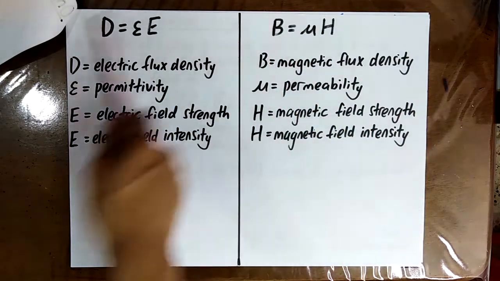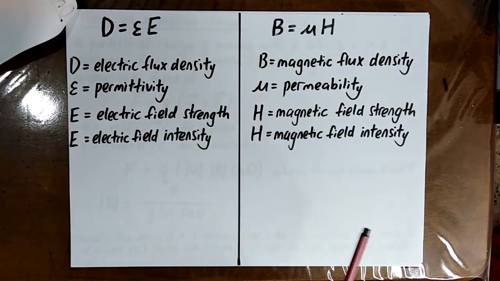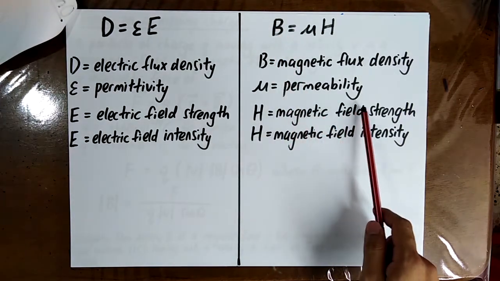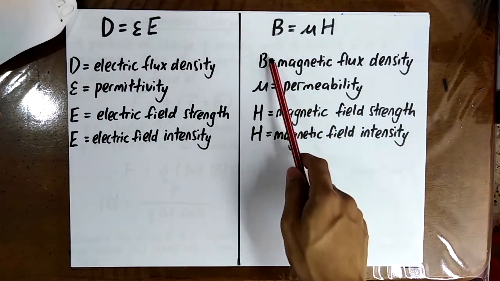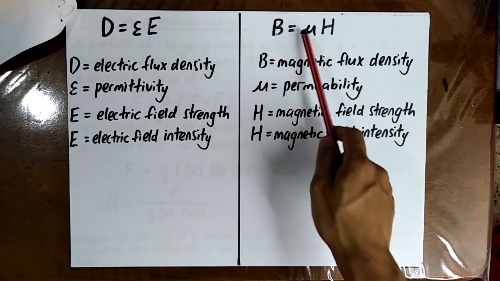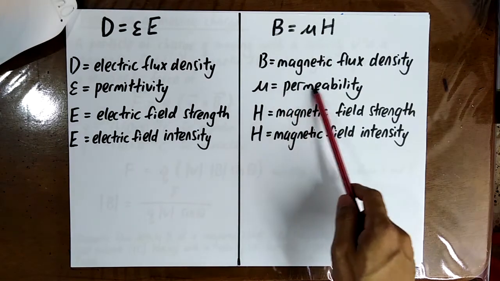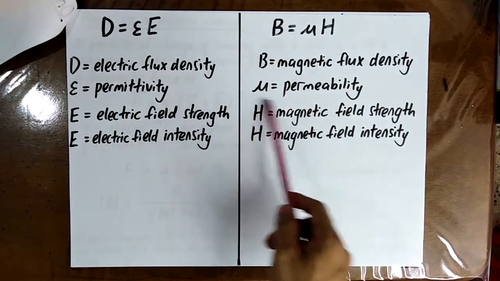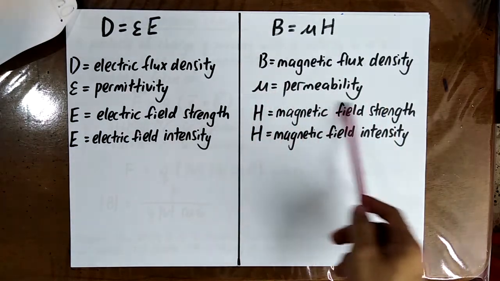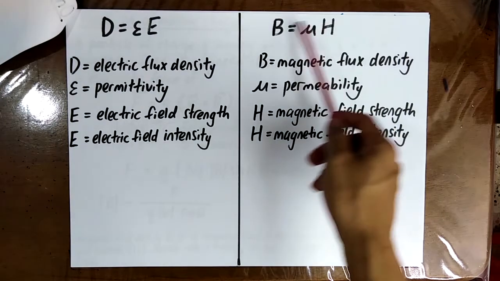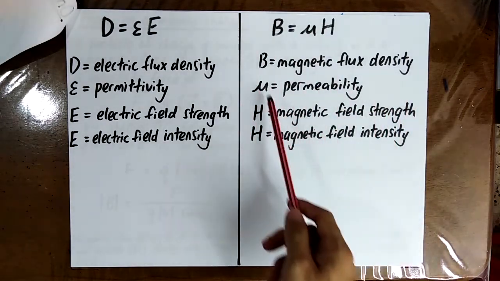Okay, the purpose of me telling you all this is that I don't want you to say that B is the magnetic field intensity, because B is only magnetic flux density. B equals mu H, and mu is the permeability of the medium. The permeability of the medium is an indicator of how much the medium allows the magnetic field lines to pass through.